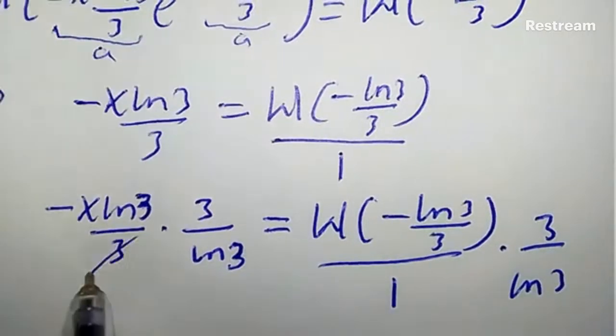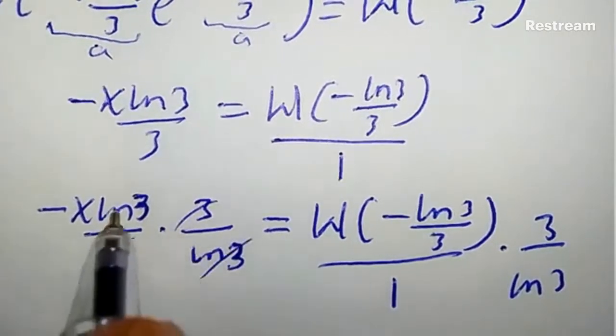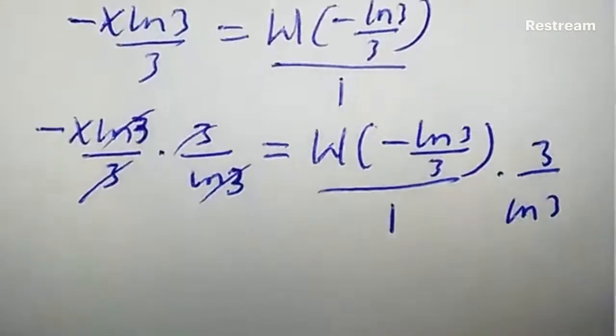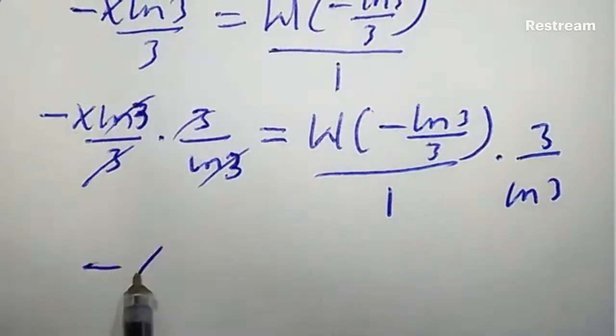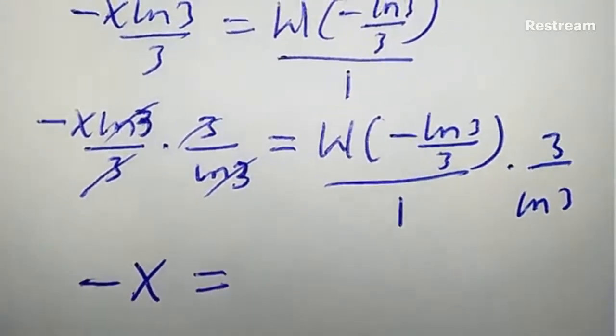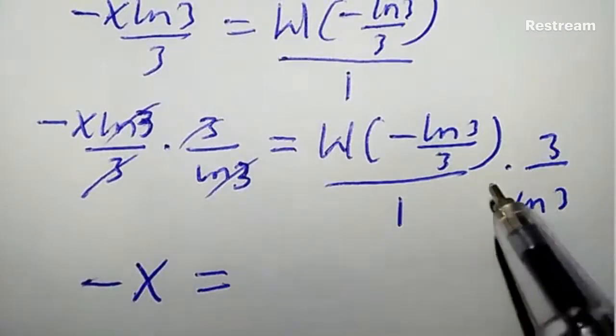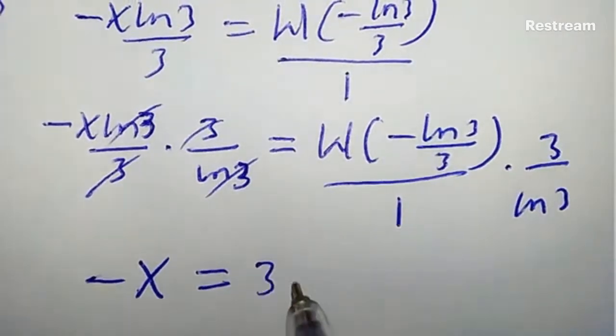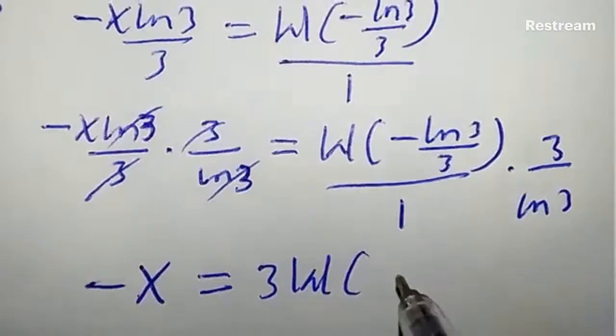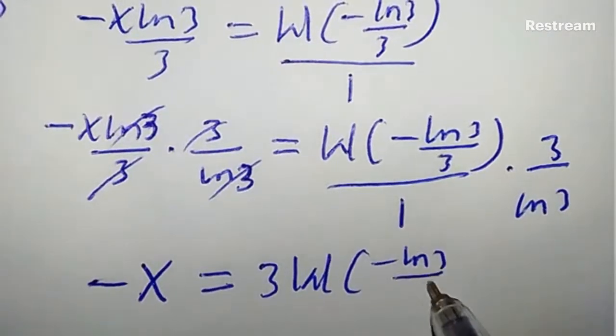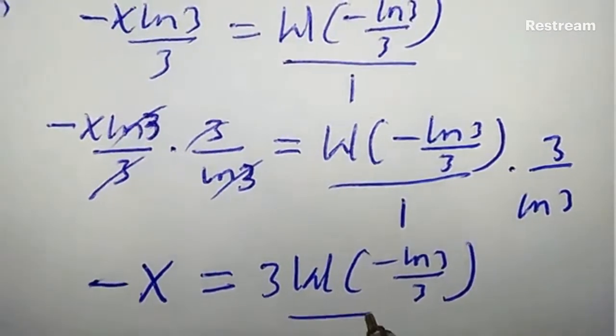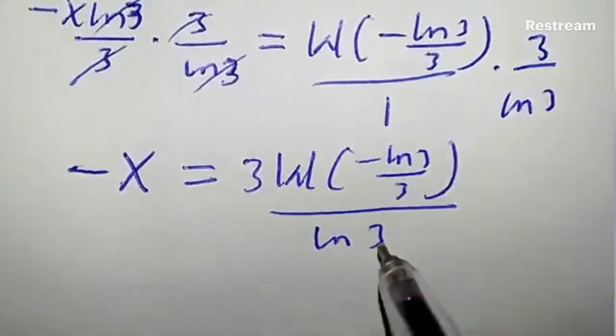Clearly, these cancel each other. Likewise, these also cancel each other. So we are left with negative x on the left side equal to 3 over ln 3 times this. That will be 3 times W of negative ln 3 over 3 over natural logarithm of 3.